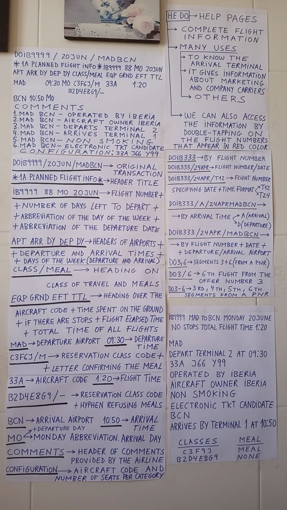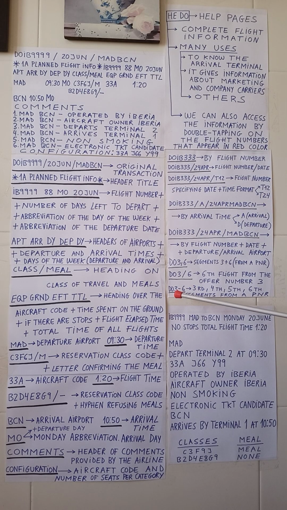DO3-6 is used to perform the search by referencing segments 3, 4, 5, and 6 when we are working within a PNR.